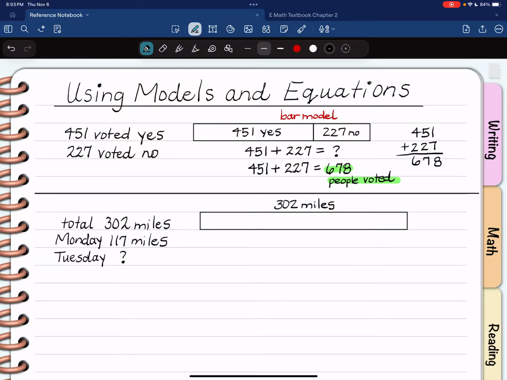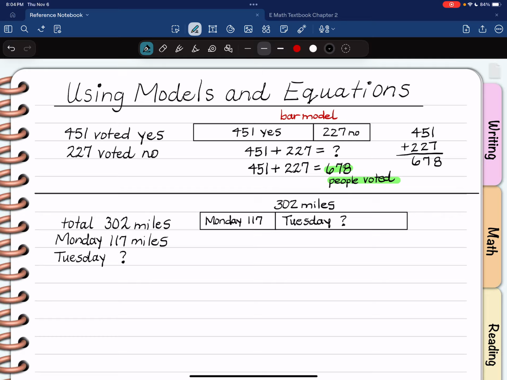And then I'm going to split that bar into the 2 days. They told me Monday, so let's draw this one and say Monday was 117. And here's Tuesday. Remember, Tuesday is the question mark. That's the unknown in my equation.